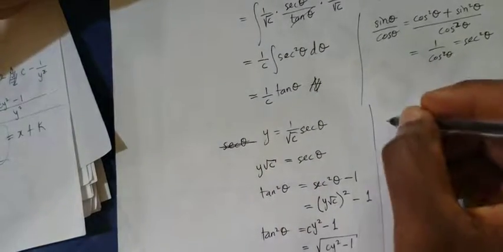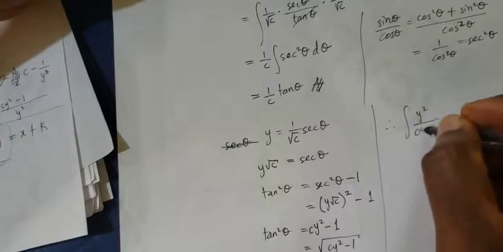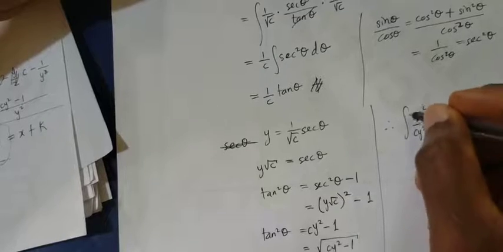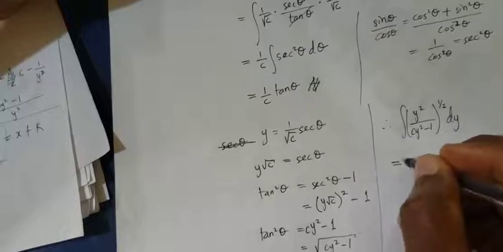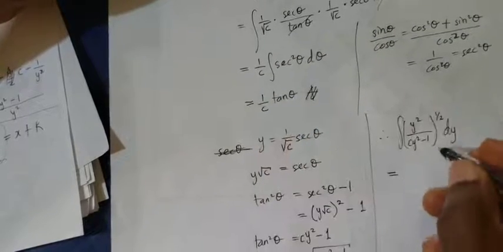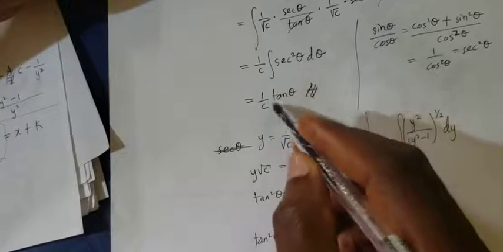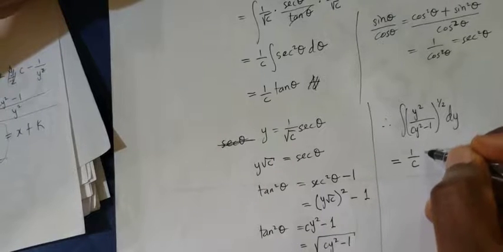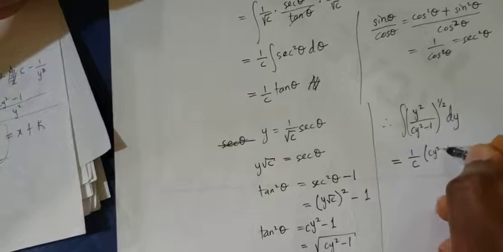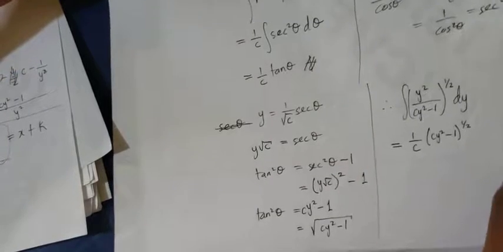So from here we can now conclude that the integral of y squared over cy squared minus 1 raised to the power 1 over 2 dy is simply equal to 1 over c tan theta. Then, since tan theta is this, that's 1 over c multiplied by cy squared minus 1 all raised to the power 1 over 2.